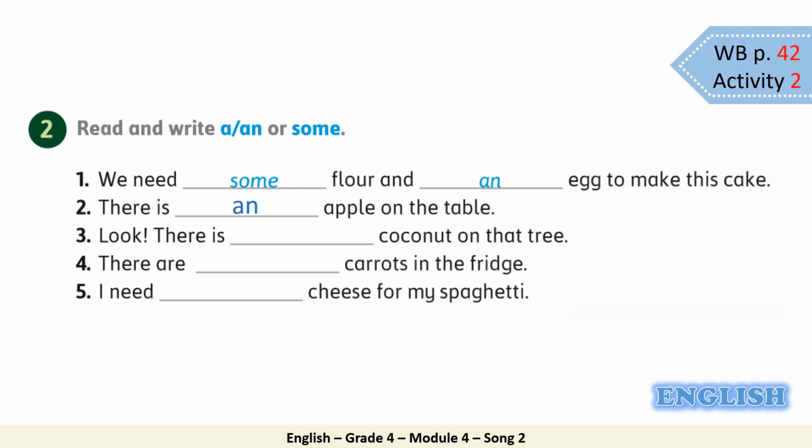Number 3. Look, there is a coconut on that tree. Number 4. There are some carrots in the fridge. Number 5. I need some cheese for my spaghetti.